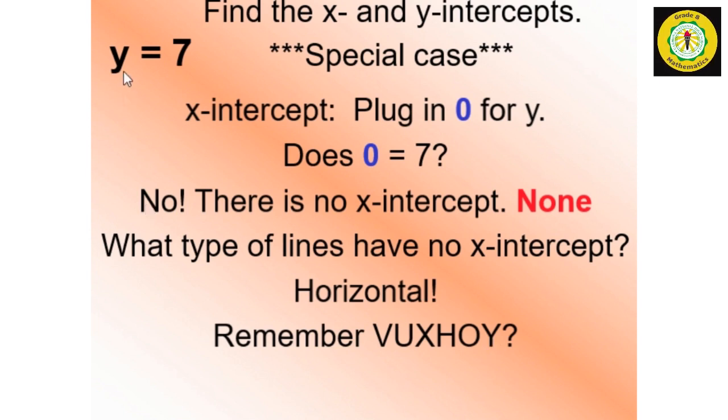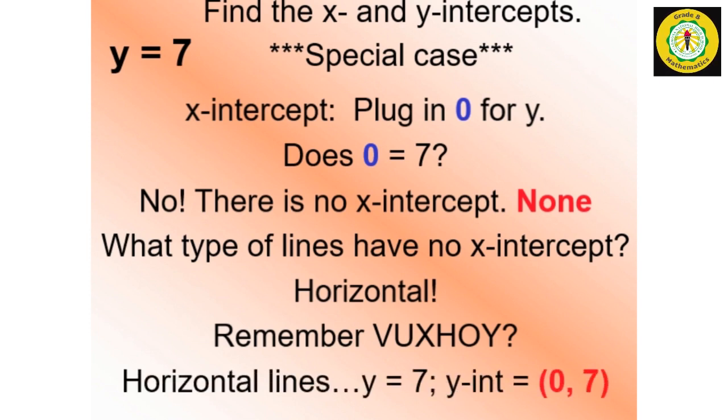Since what is given here is y equals 7, we need to take a look at this one. So our type of line is horizontal. Alright? So for horizontal lines, y equals 7, the y-intercept is 0 and 7.